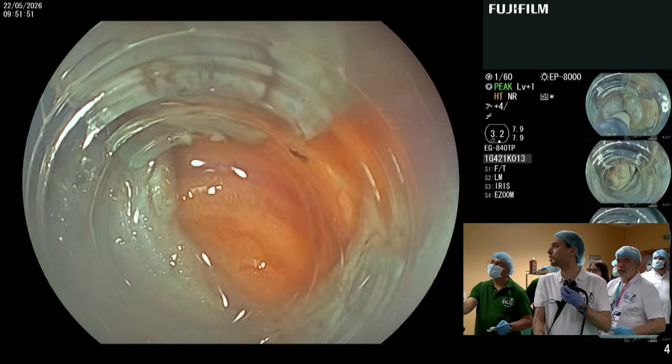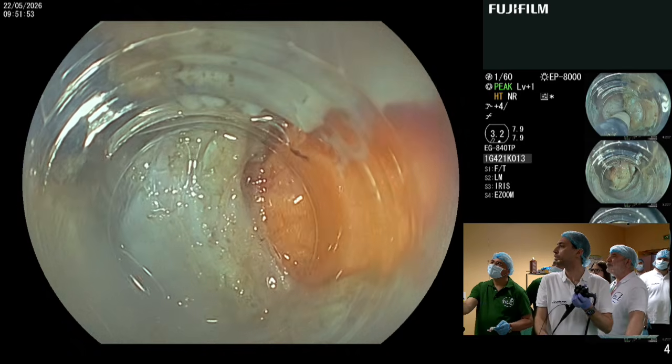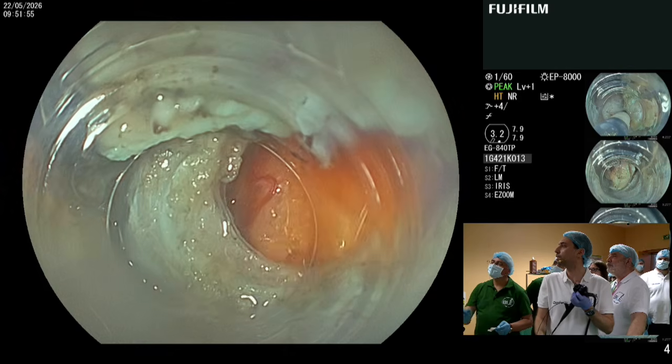The abdomen is still soft. Yes. I try to identify where I have to cut.